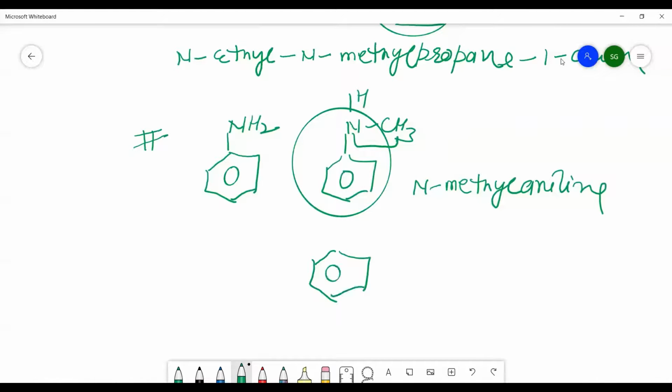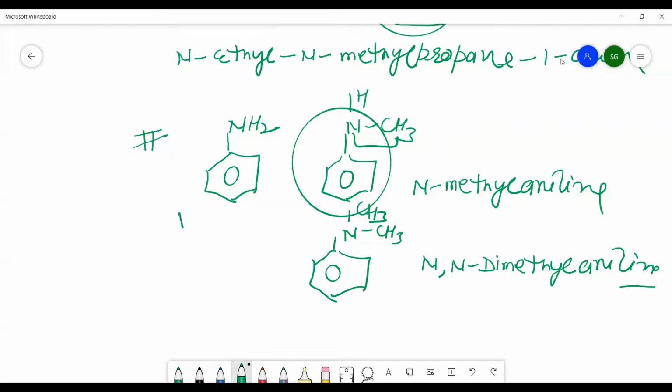Similarly, if two hydrogens are replaced by CH3, it will become N,N-dimethyl. You have to write it twice: N,N-dimethyl aniline. And you can easily understand this is primary, this is secondary, and this is tertiary, that you have seen in the classification.